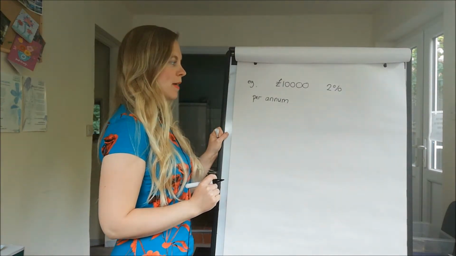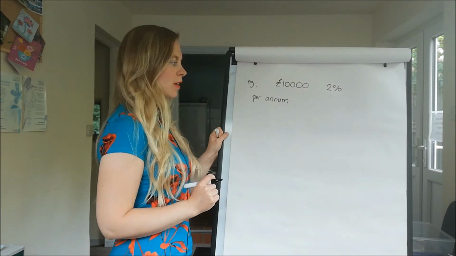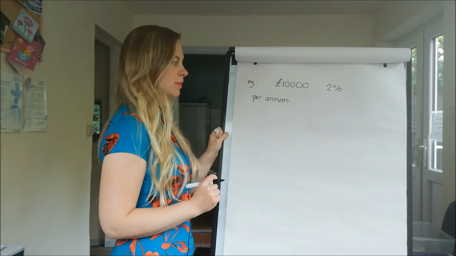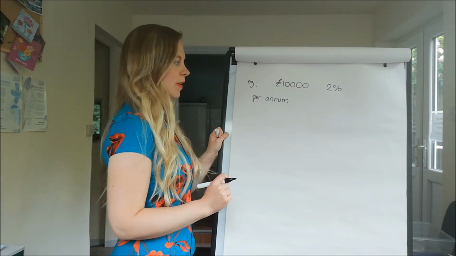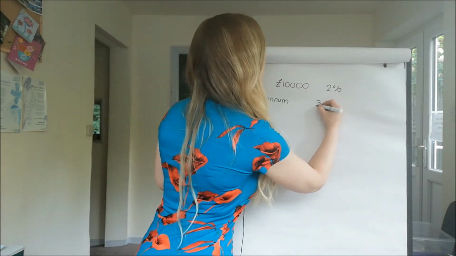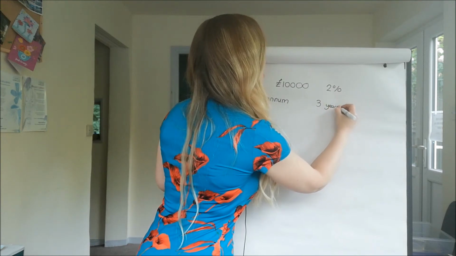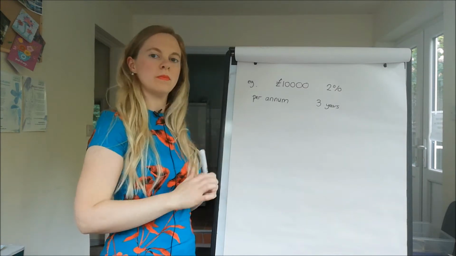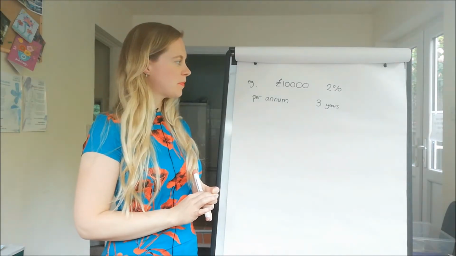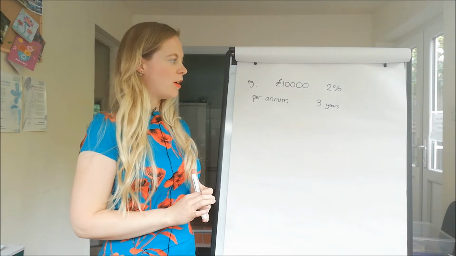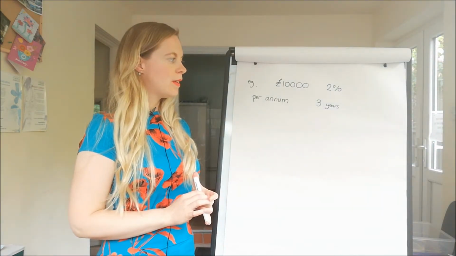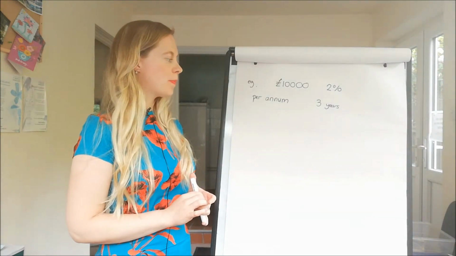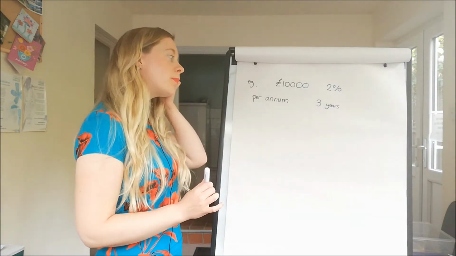How much money will be in the savings account at the end of 3 years? All right. And then just put method 1, non-calc.